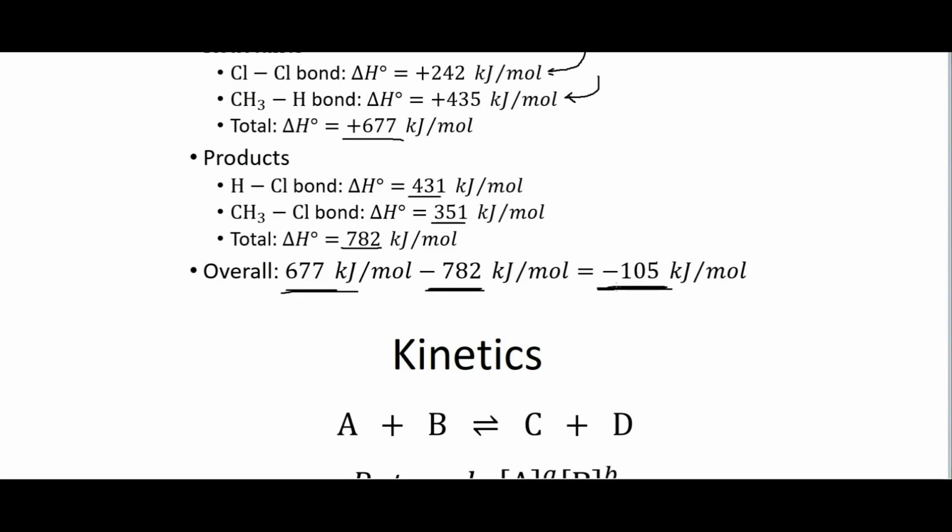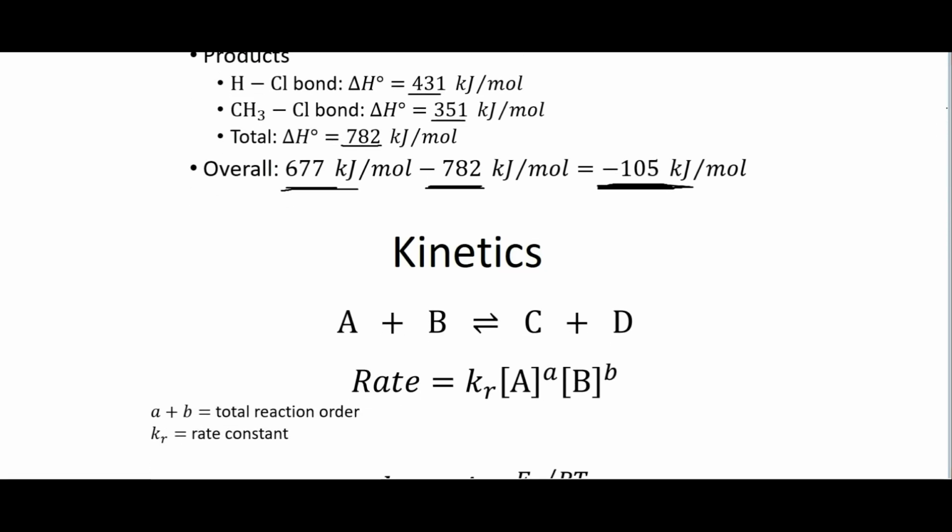For our purposes, because delta G equals delta H minus T delta S, this is going to be a much bigger player. This is telling us that the strength of the product bonds is stronger than the strength of the reactant bonds, and therefore the product is energetically favorable.